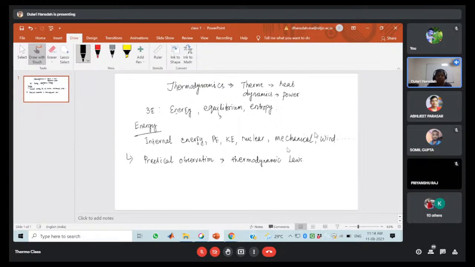There we also have different thermodynamic principles and thermodynamic laws.